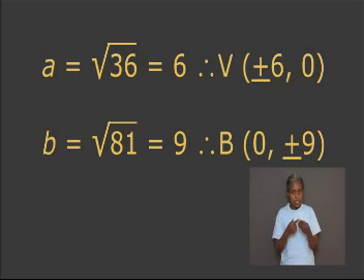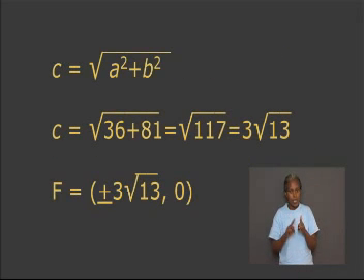Since a is the distance from C to V, we find that the vertices at V are plus or minus 6, 0. b is equal to the square root of 81, which is 9. Therefore, the vertices at B, which are on the y-axis, are 0, plus or minus 9.